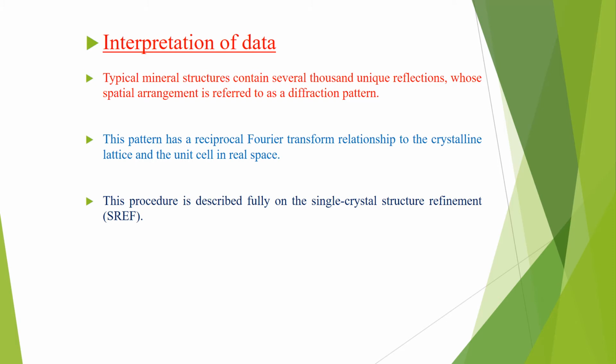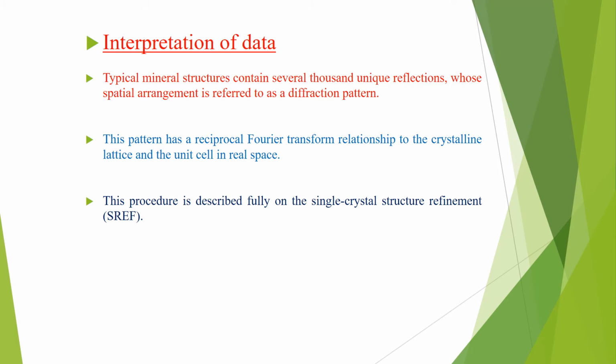Interpretation of data can be done by using the following techniques. A typical mineral structure contains several thousand unique reflections whose spatial arrangement is referred to as a diffraction pattern.